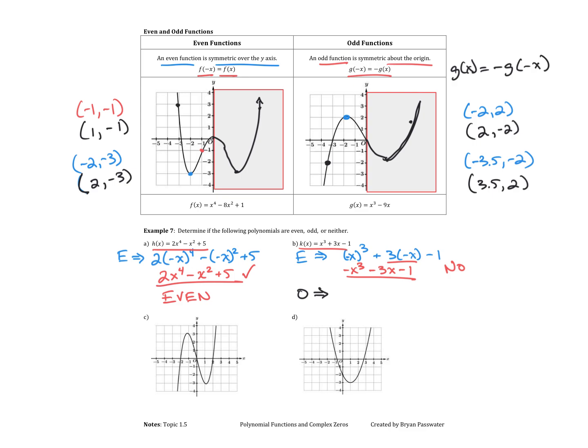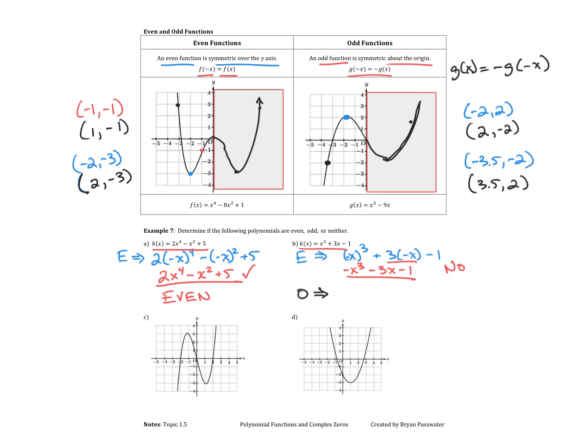So now we're going to check to see if it's odd. The way that I like to do it is, if you look here, if you have negative g of negative x, didn't we just do this g of negative x thing? We did that part. So what I need to do is distribute a negative to what I just did. So here's my function. Now I'm going to distribute a negative, so I'm going to change every sign.